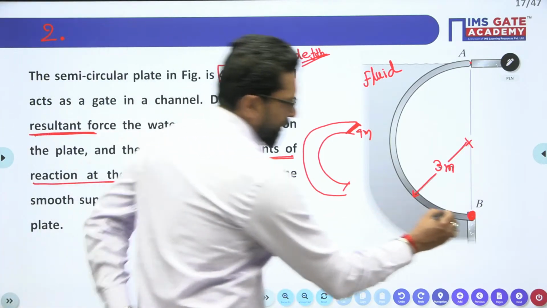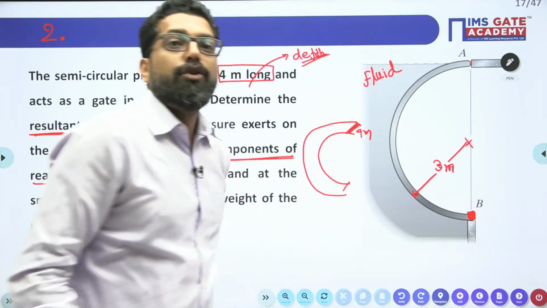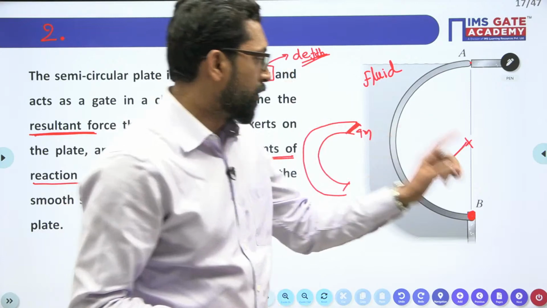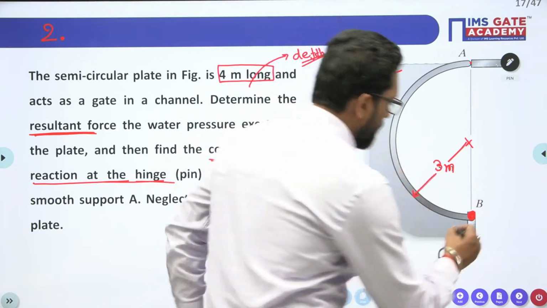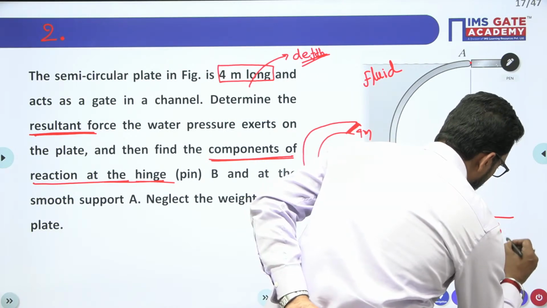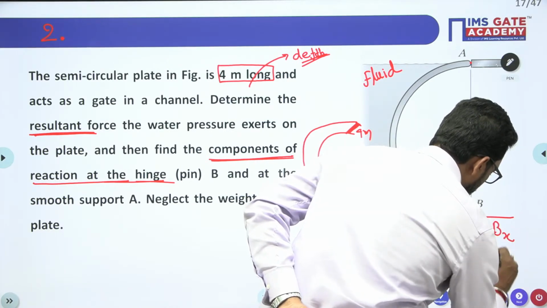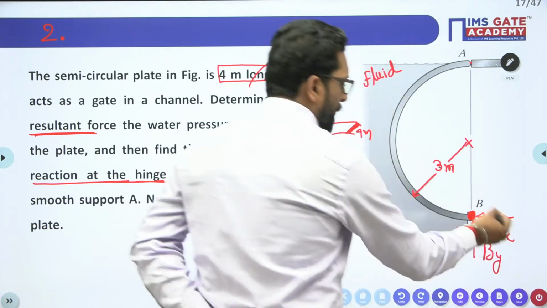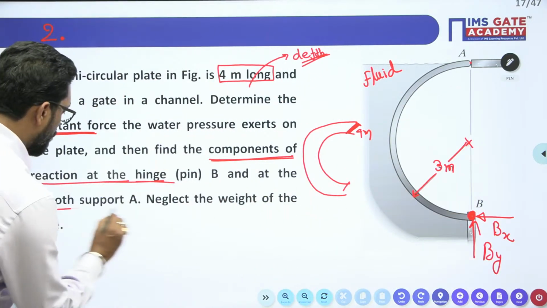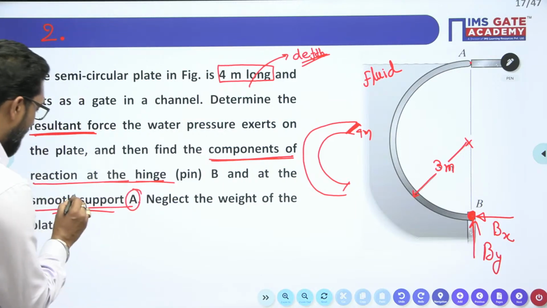That means this point there is a hinge, and there are only 2 forces, horizontal force and vertical force. At the hinge there is a force Bx and By. So you have to find this, right? At the hinge, and at the smooth support there is a support. Why is there a line marked smooth?